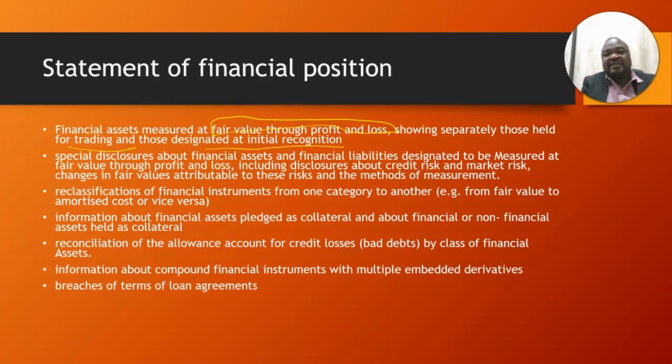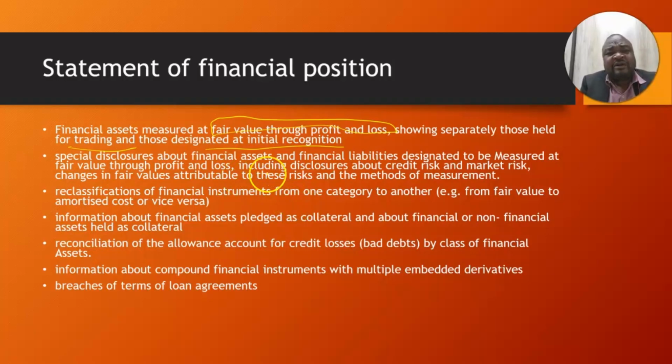So there are those designated at initial recognition as to be recognized at fair value through profit and loss, and those which are held solely for trading, right? So they should be shown separately.